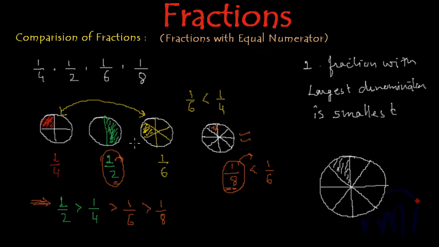When numerators are the same, the fraction with the smaller denominator has more value and the fraction with the bigger denominator has less value, or is smaller. And the fraction with the smallest denominator is actually the largest, right? Yes. So this was the comparison of fractions with equal numerators.